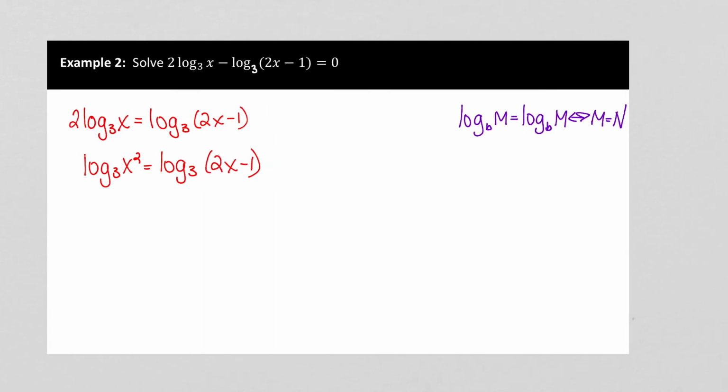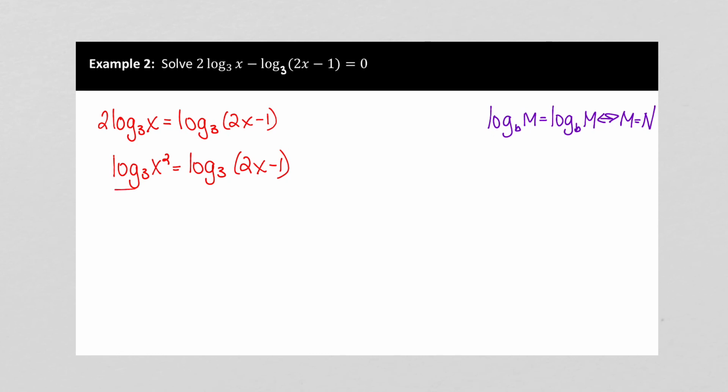Now that we've got log base 3 on both sides, we can get rid of it and set them equal. x squared equals 2x minus 1. We've got a quadratic, so we've got to get everything equal to 0. So subtract 2x, add 1, equal to 0.